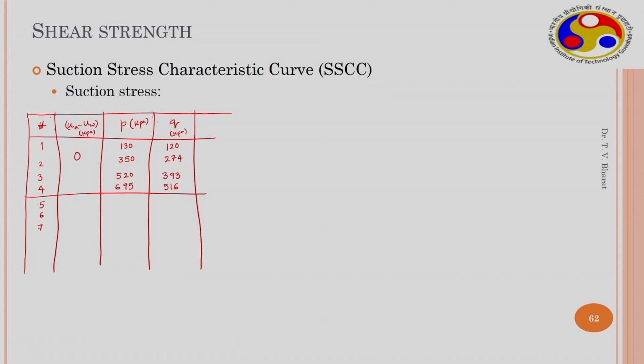And another set of tests under a matrix suction value of 200 kilopascal are conducted. So, the value of P varied in this manner.